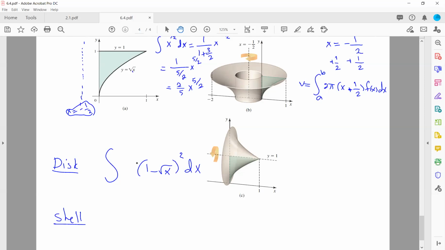Integral from 0 to 1, 2 pi, y plus 1, y squared dy.